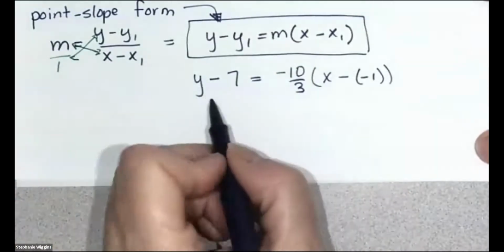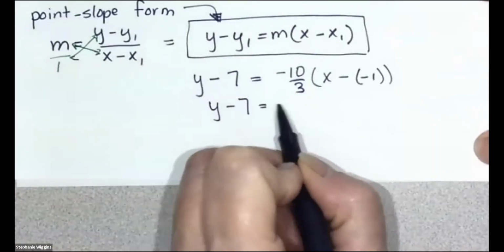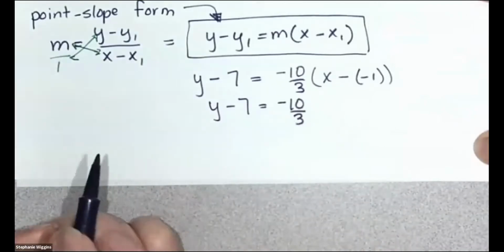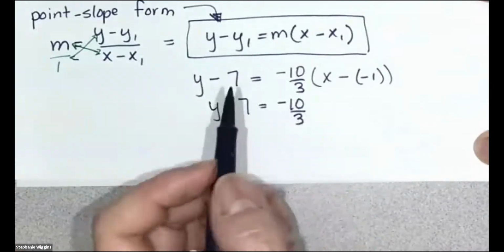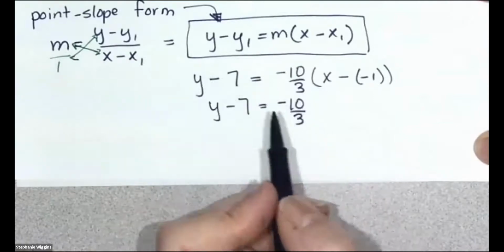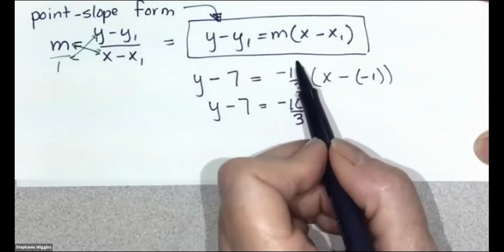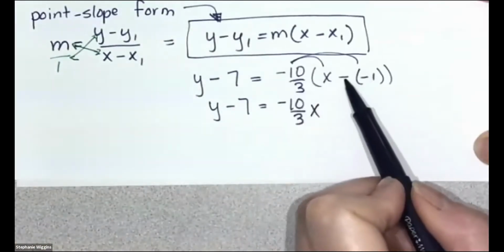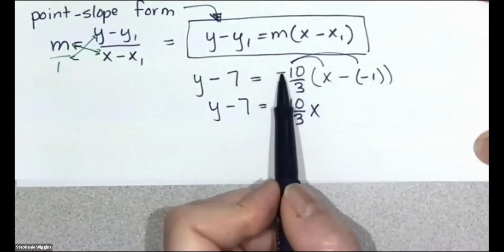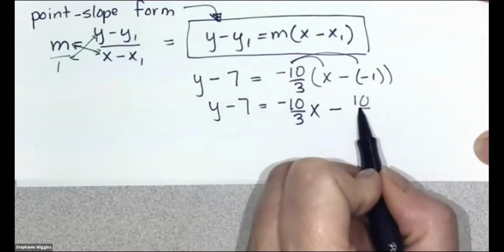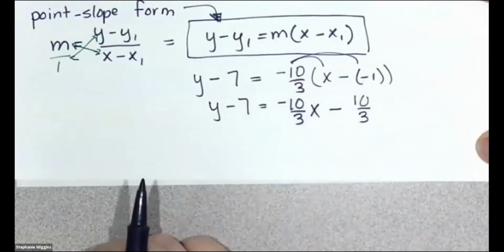If I want to simplify that, I have y minus 7 equals -10 thirds, and you're supposed to distribute that. So this is going to be +1, and then you're going to multiply by -10 thirds, so it's going to be -10 thirds, like that.